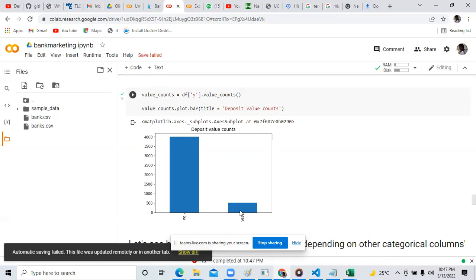You could say, for example, let's convince these guys that are saying no. Let's look for the guys that don't want to deposit and find a way to convince them, right? That could be the motive of the bank. Again, another client will say, you know what, let's leave these guys that are saying no, we don't have much strength. Help us look for these guys that are saying yes, let's approach these guys. So data analysis and data science depends on context, depends on the business use case, right?